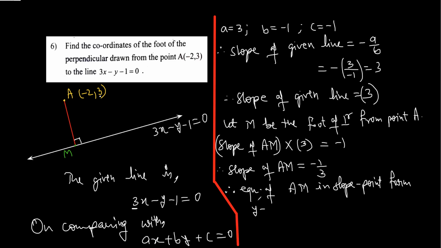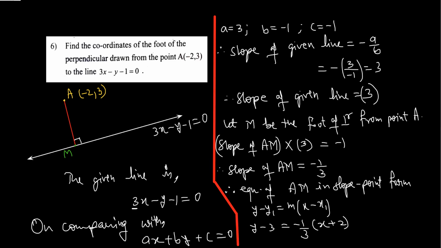Y minus y1 equals m into x minus x1. So y minus 3 equals m, which is minus 1 by 3, into x minus x1. X minus of -2, it will become x plus 2.